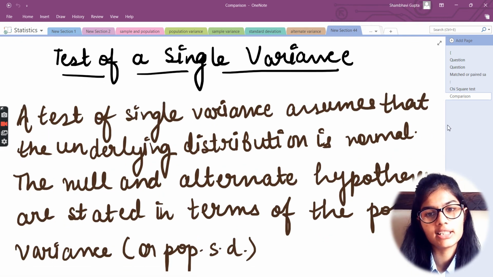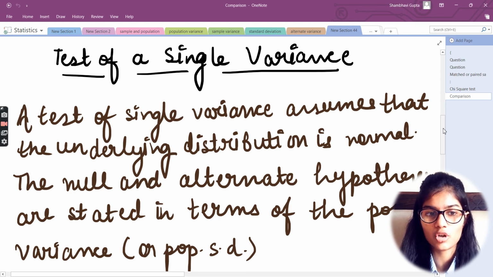So what is the test of a single variance? A test of a single variance assumes that the underlying distribution is normal. Whatever distribution we are getting, that is normal.